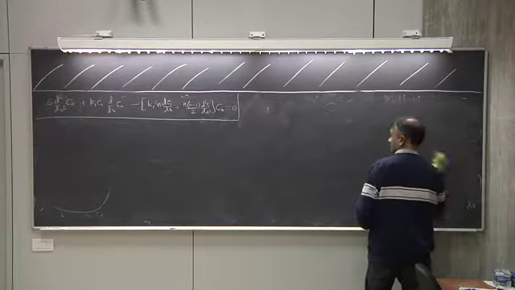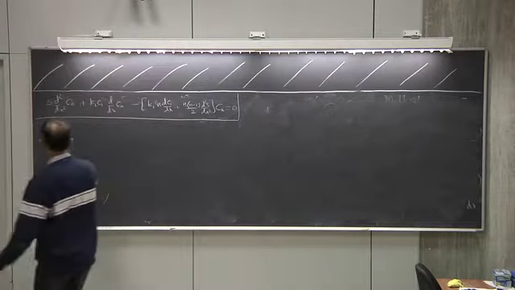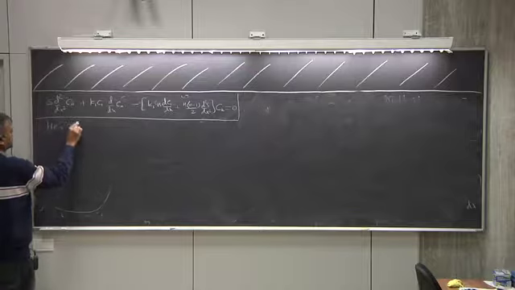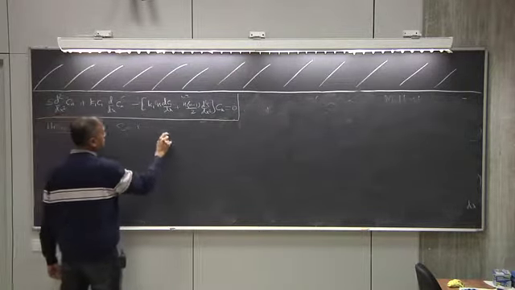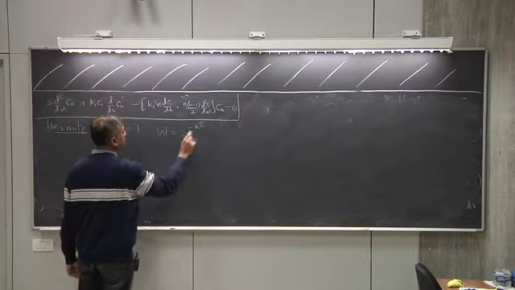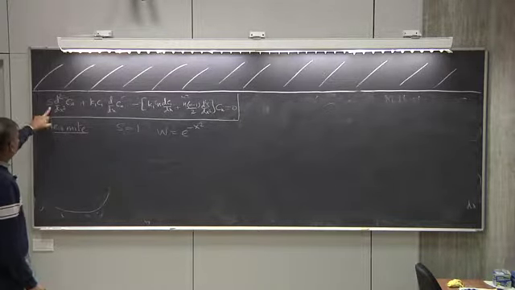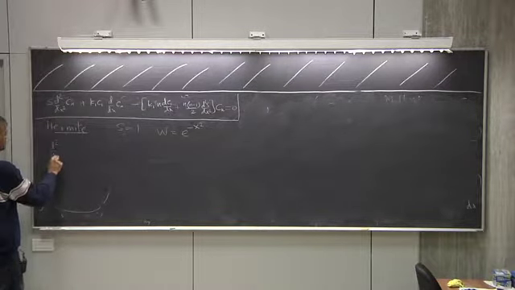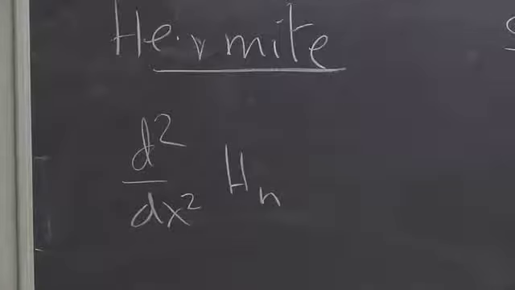Okay, so let's see the Hermite polynomials. For Hermite, S was equal to 1, and W was e to the minus x square. In this expression we only need that. So S is 1, and this part is simply d2 by dx2 on Hn. We use the symbol H for the Hermite.